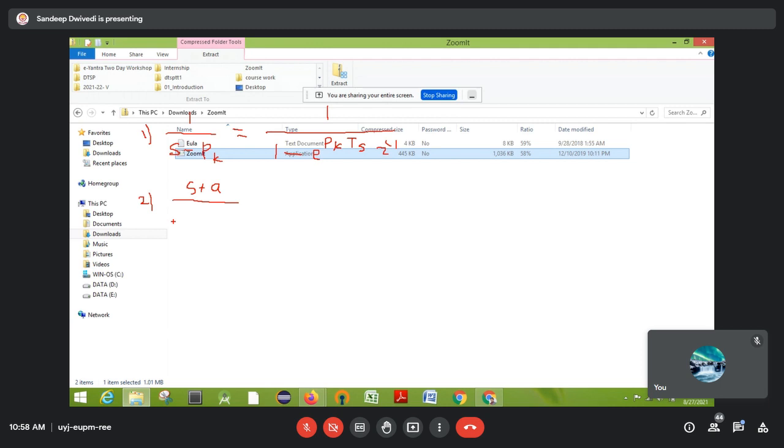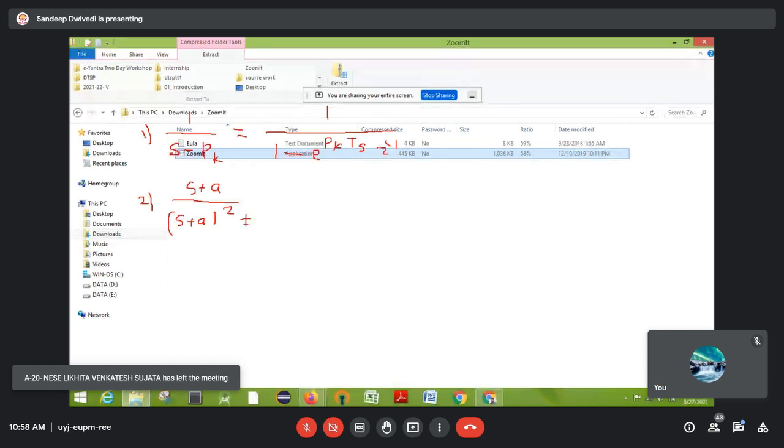So s plus a, then s plus a whole square, plus b square. Okay, this is quite lengthy to remember. So this will be 1 upon it, the proof is also there, or you can prove this, no issue.